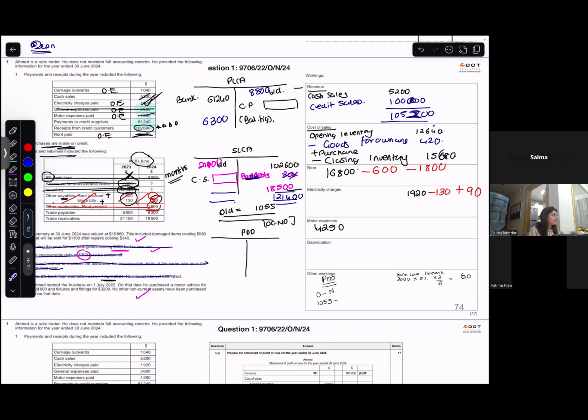So after we calculated everything, can you tell me the total rent that we have now? Rent expenses, it's coming up to $14,400. Electricity is coming up to $18.80. Motor expenses.